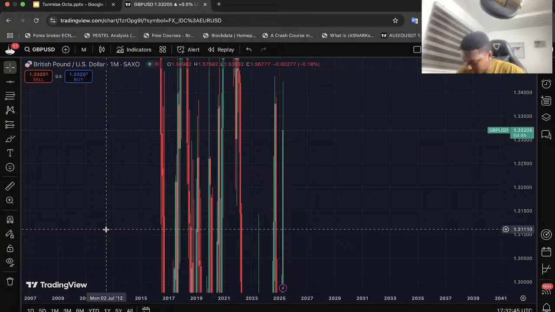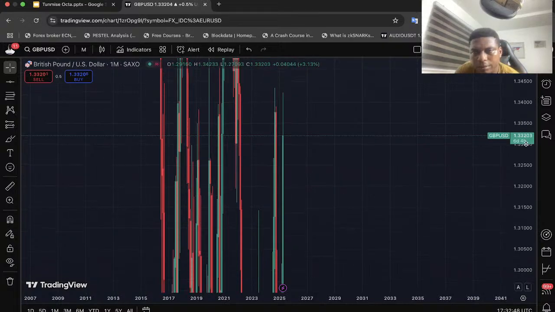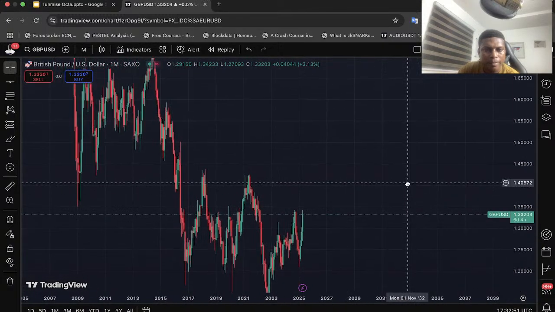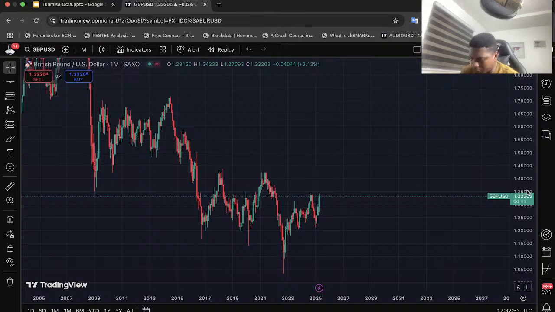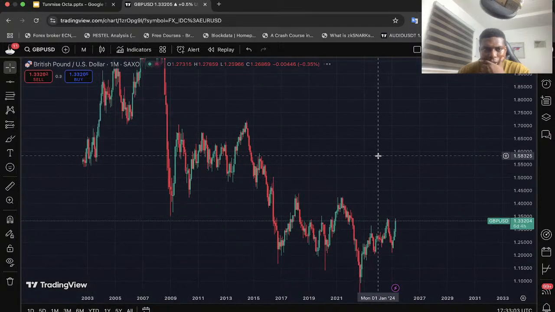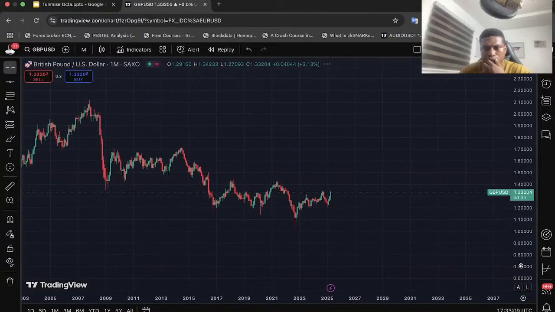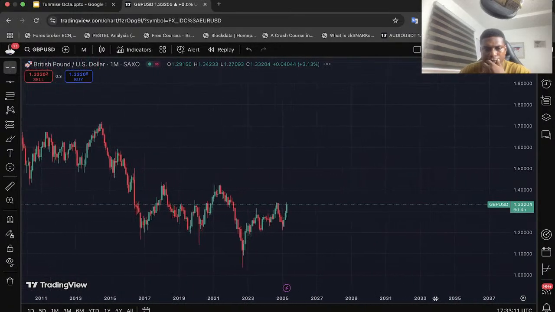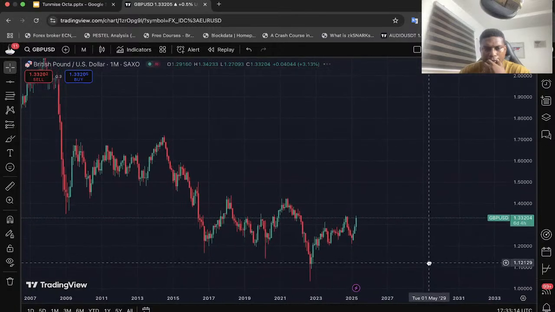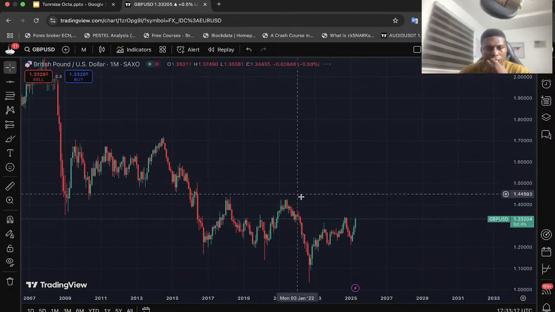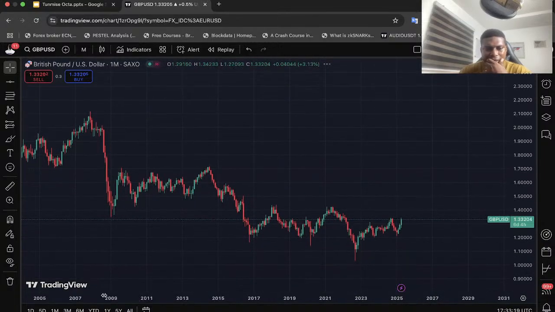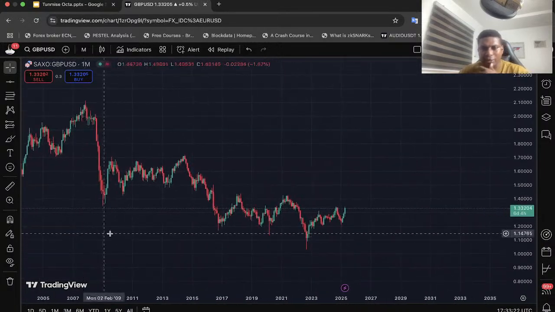Let me see if there are any questions coming in. Now, this is the monthly time frame. Now let's get started with analyzing the monthly time frame.